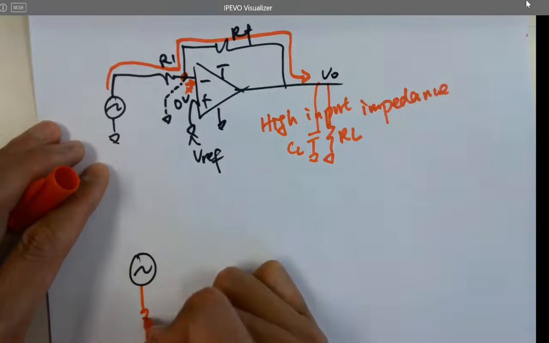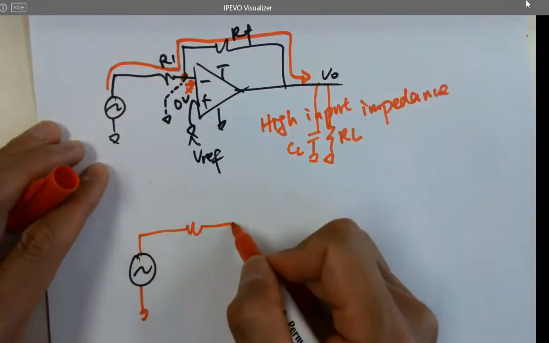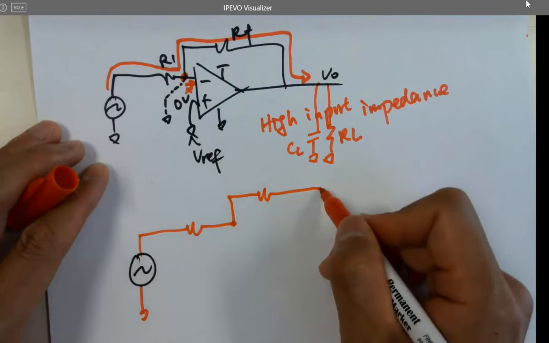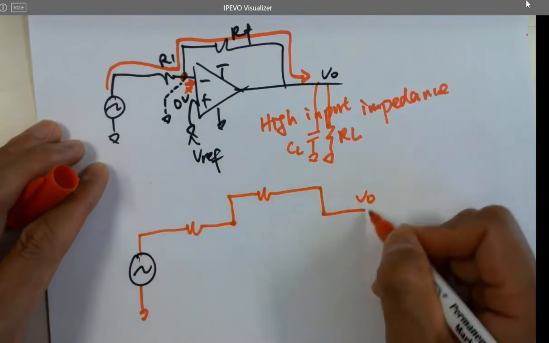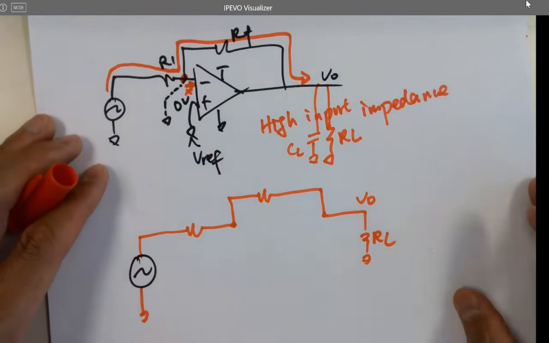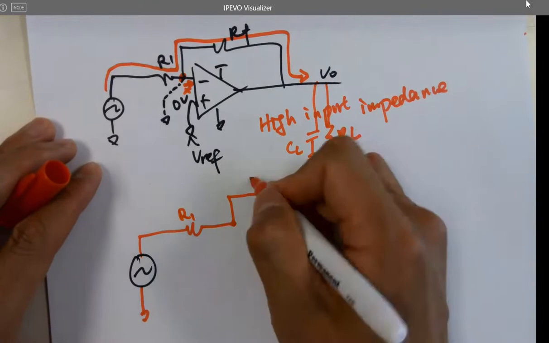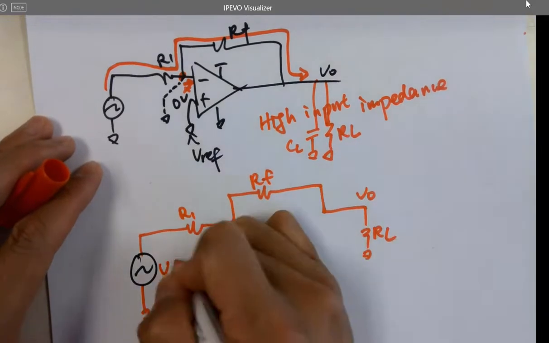And then we look at this circuit. If we do not have this guy, what's going to happen? Nothing, right? Here's VO, and then here's RL. We don't have anything, just a resistor network. Can you amplify the signal, and why?